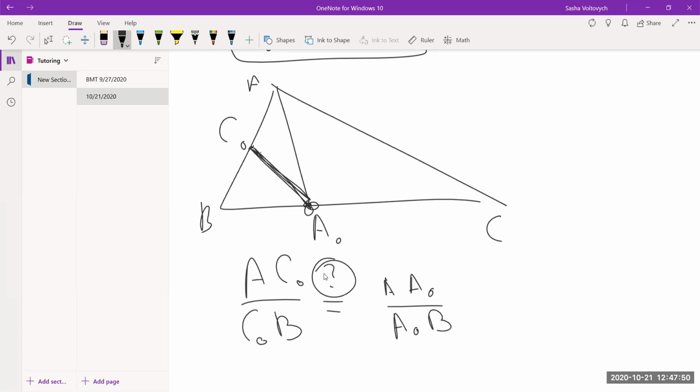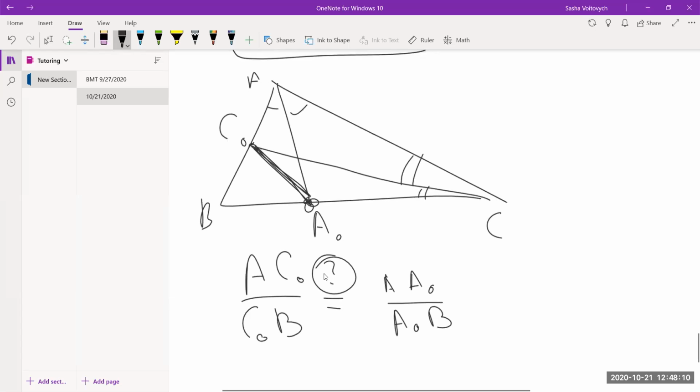So the ratio of this is equal to the ratio of these guys. Well, we know that C0 is not a random point. It is a point where this bisector intersects the opposite side, right?